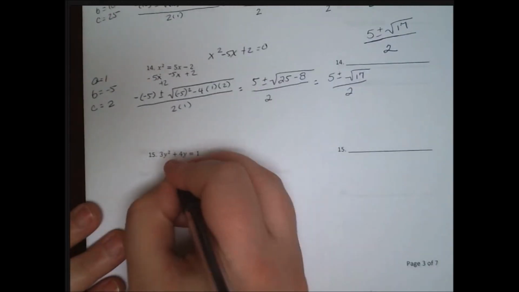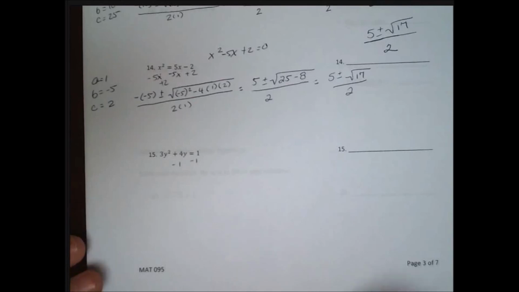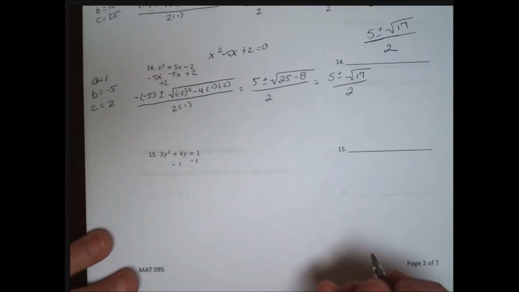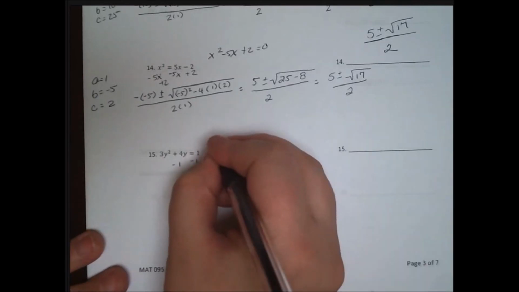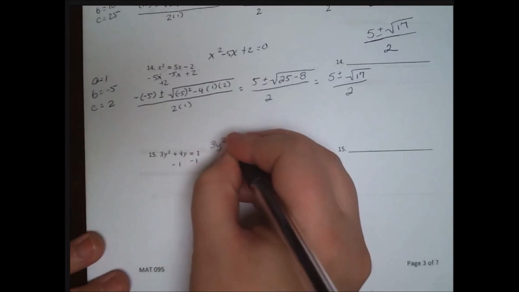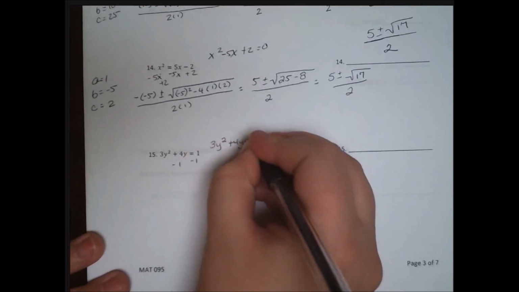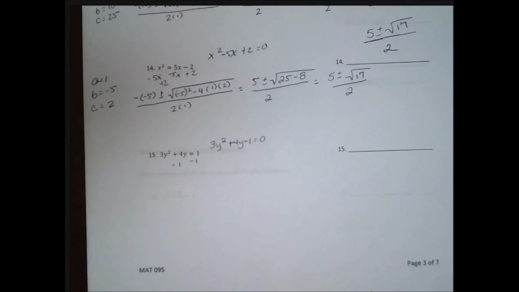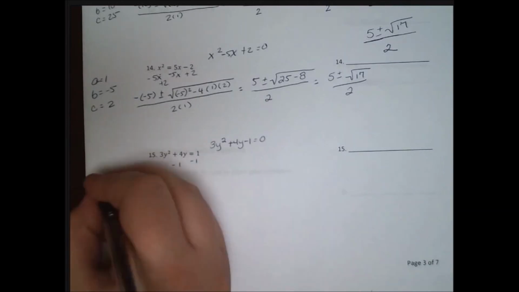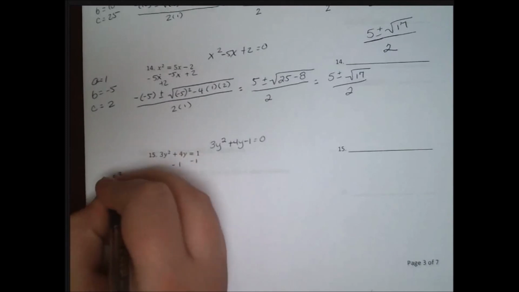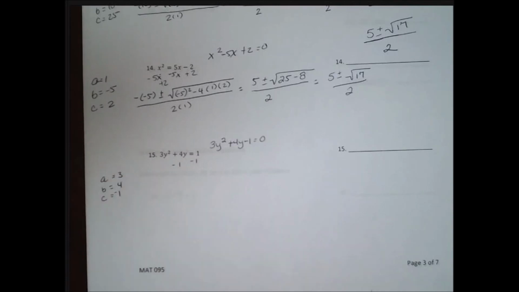Okay, number 15. You have to set it equal to 0 first, so we're going to subtract 1 from each side. So we're going to get 3y squared plus 4y minus 1 equals 0. So we have A is 3, B is 4, C is negative 1.